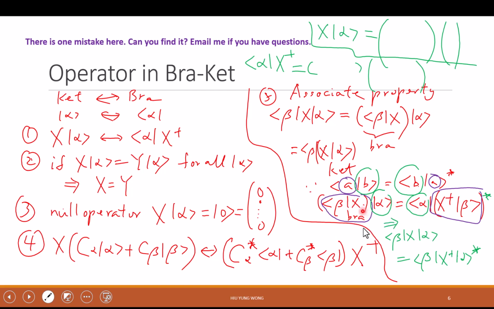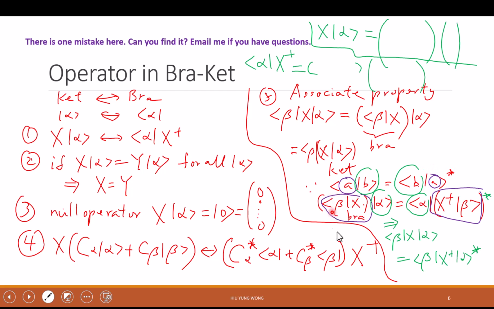I find the bra version of beta x times the ket version of alpha equals the bra version of alpha times the ket version of beta x. Just like here, bra version of A times ket version of B equals the bra version of B times ket version of A, complex conjugate.